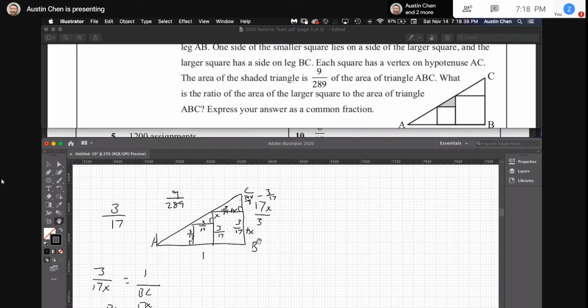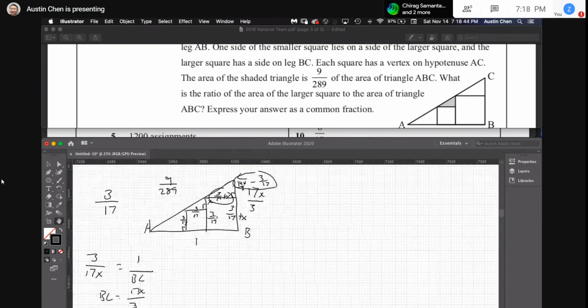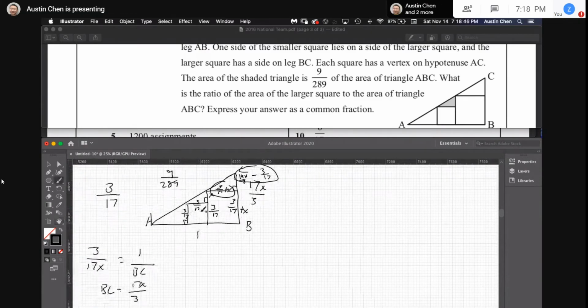All right. So then with this side and this side, we can use the triangle similarity again, right? We know that from the small triangle, the ratio has to equal 3 over 17x, right? So then we know that 3 over 17x has to equal 3/17 plus x over 14x thirds minus 3/17, right?